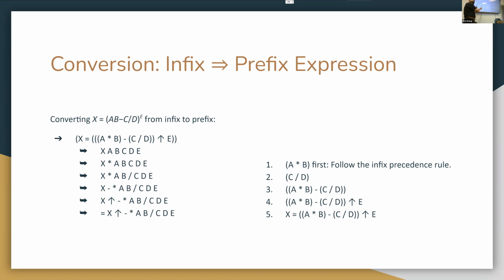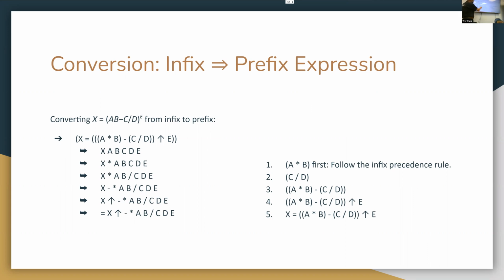Does that make sense? Because if you now evaluate this expression, you can see that this has to happen first, and then this has to happen, because these are the only places where you have an operator leading to operands. And then that subtraction, we put the subtraction right in front of these two items, right here.